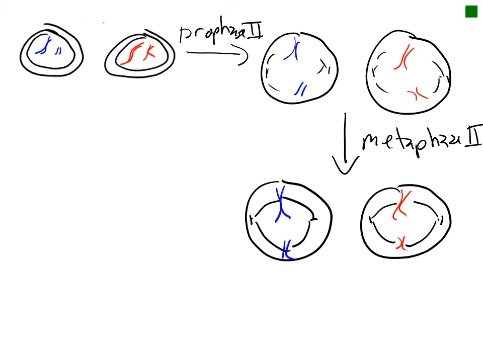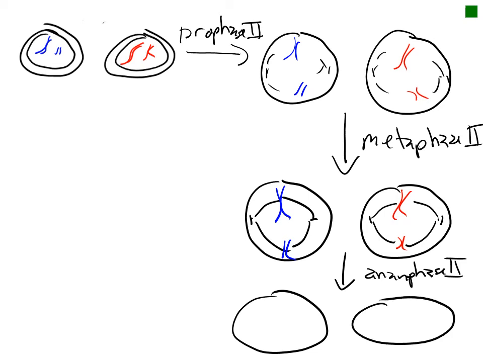The sister chromatids will then separate from each other as the cell moves into anaphase 2, as seen here.